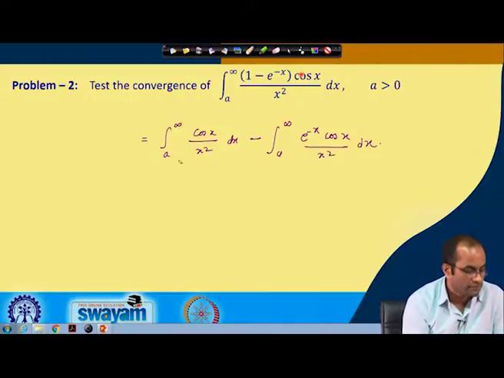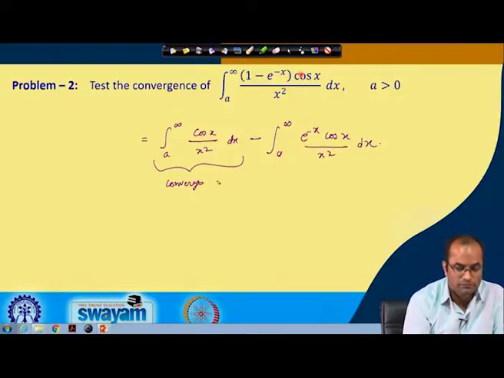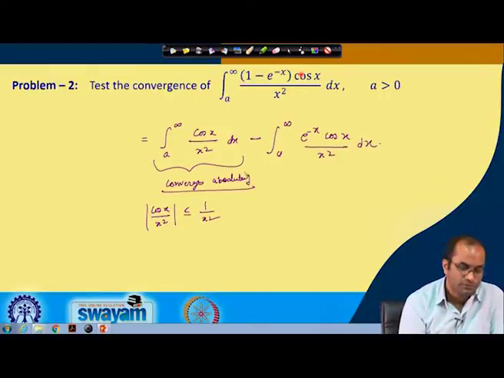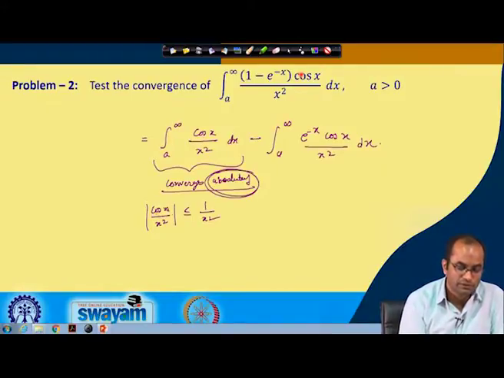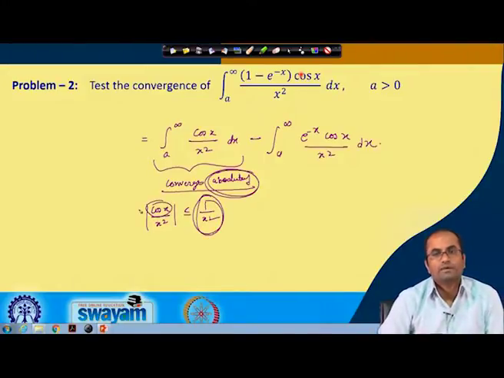So, this first integral converges absolutely, and the reason is clear, because by the comparison test we can easily conclude this, since cos x over x square is less than 1 over x square. Indeed, this concept of absolute convergence we will explain again. Absolute convergence means that even if we take the absolute value of the integrand, the integral converges. So, cos x over x square is less than or equal to 1 over x square, because the values of cos x are bounded by 1.